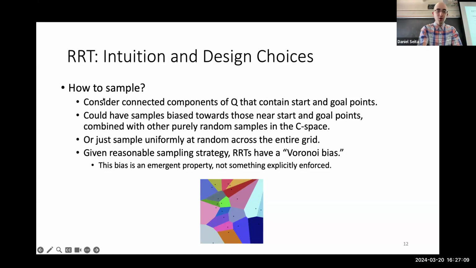Other ways are to have purely random samples, or a combination of purely random samples in the C space and samples that are biased towards the start and the end. I think the inventor of RRT suggests doing this last bullet point. He suggests some percentage that you can use. You might have to tune that, basically.